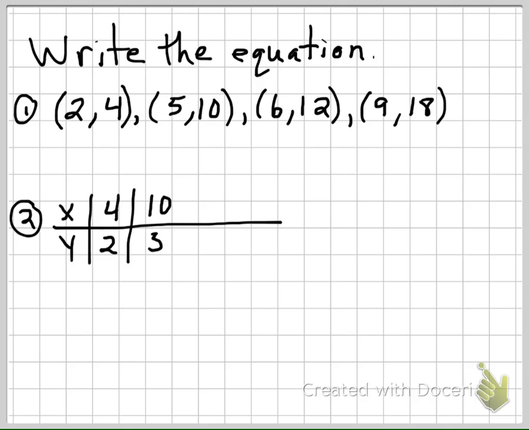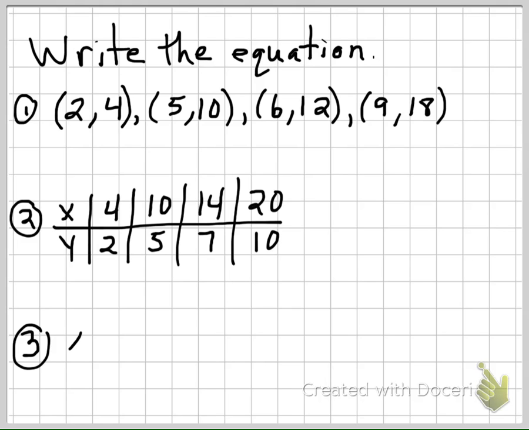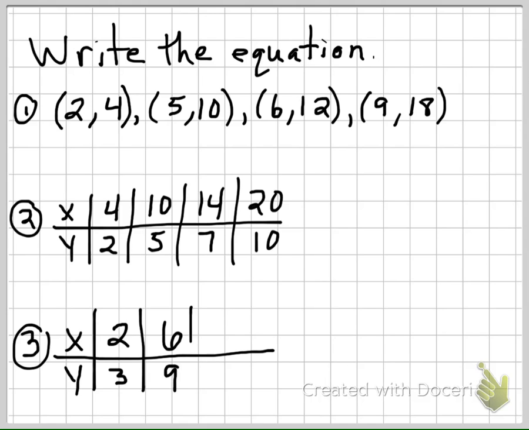Again, you're going to find k and write the equation. And the third one gives you another table. And again, you are going to find k and write the equation.